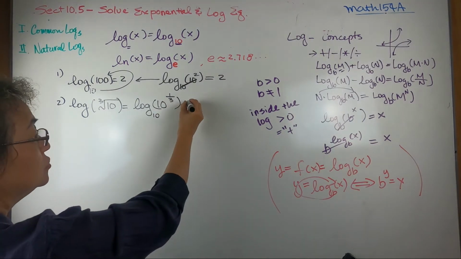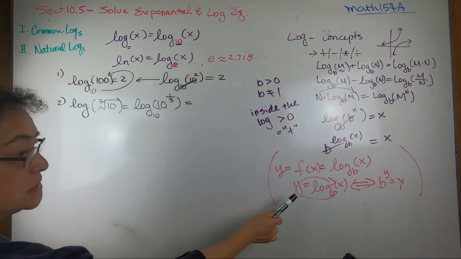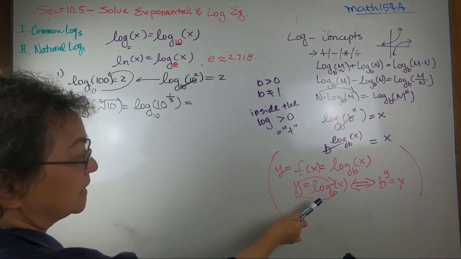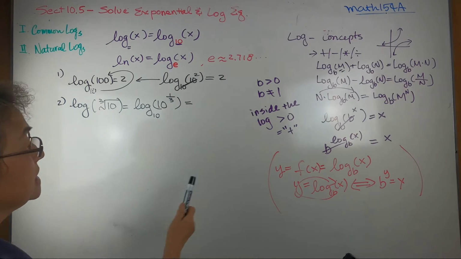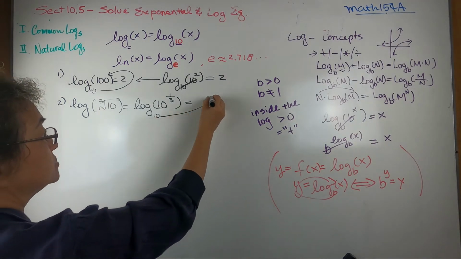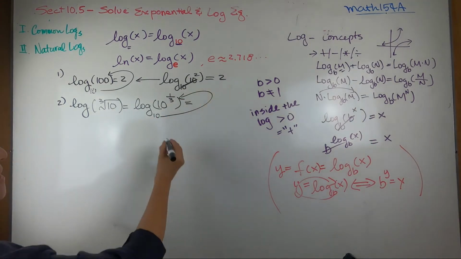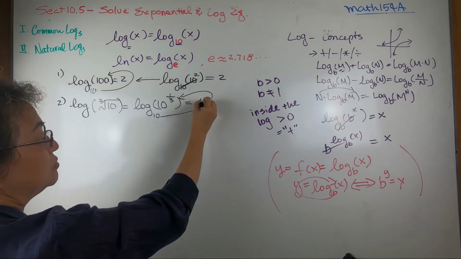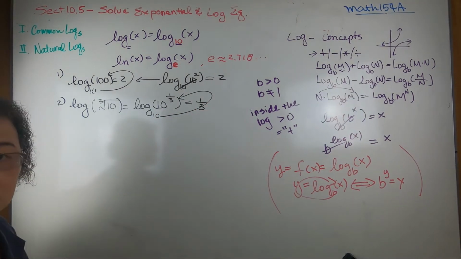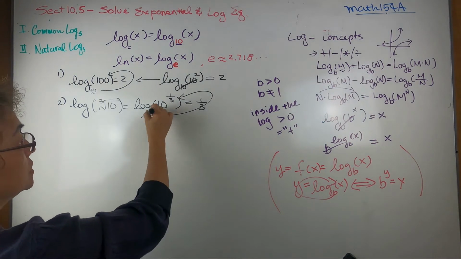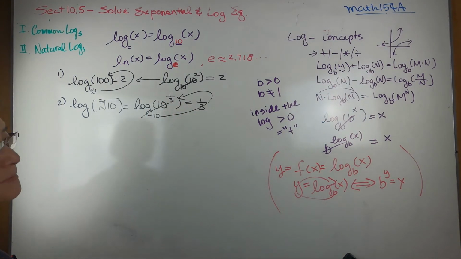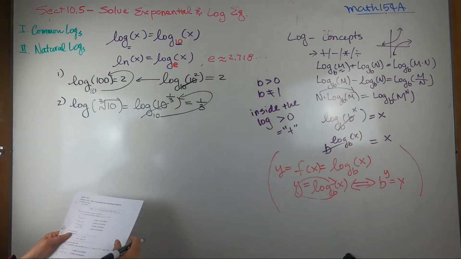So for the value, your base hooked to the answer will be the inside. So that will be 1/3. So 10 to the 1/3 power is inside. Or you can do this by inverse property.